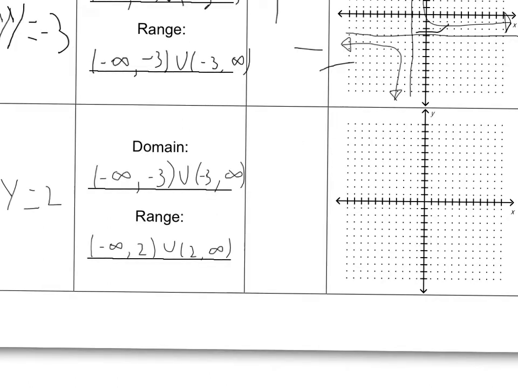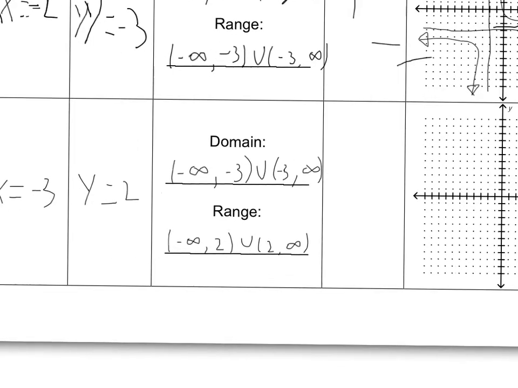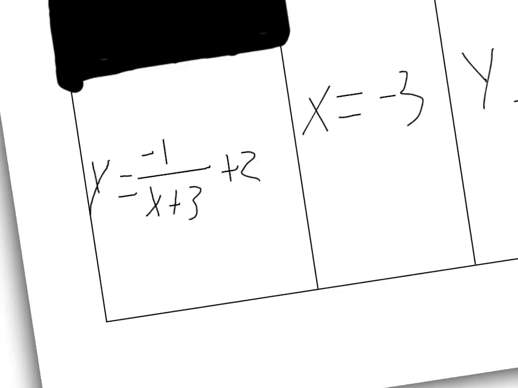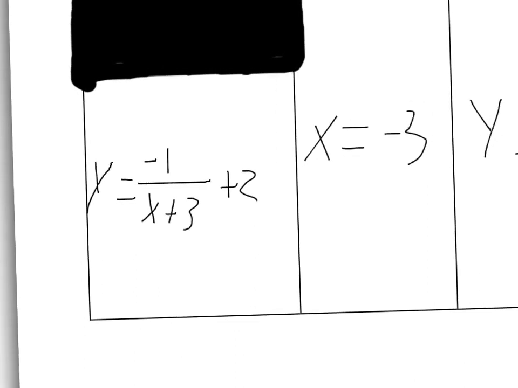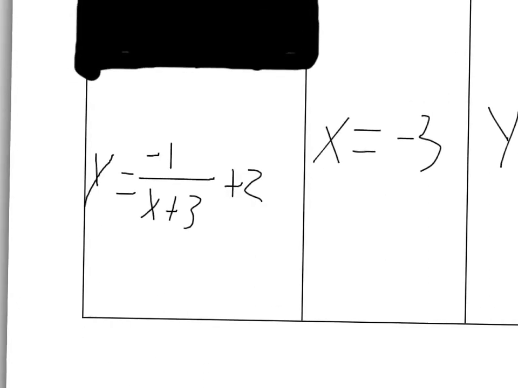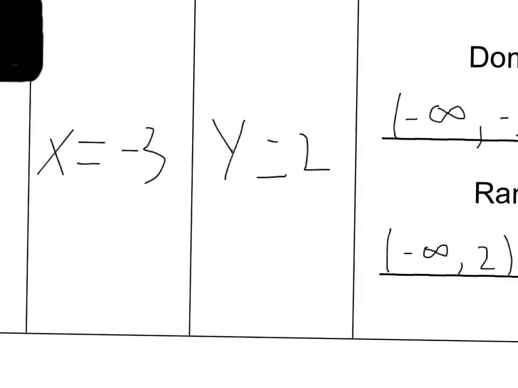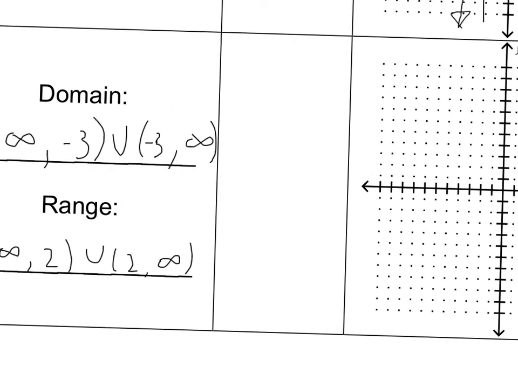Next, we will check if this function is positive or negative. That is according to the 1 over the x, and in this case, the 1 has a negative sign next to it. So this function now is negative. Next, we will graph.